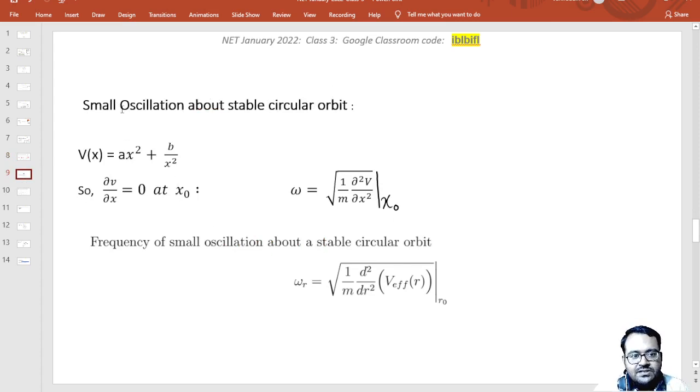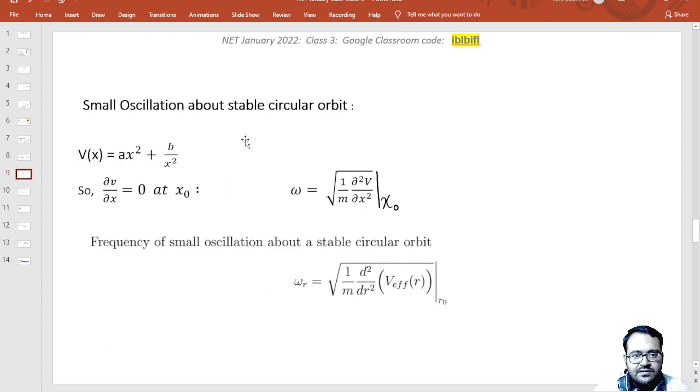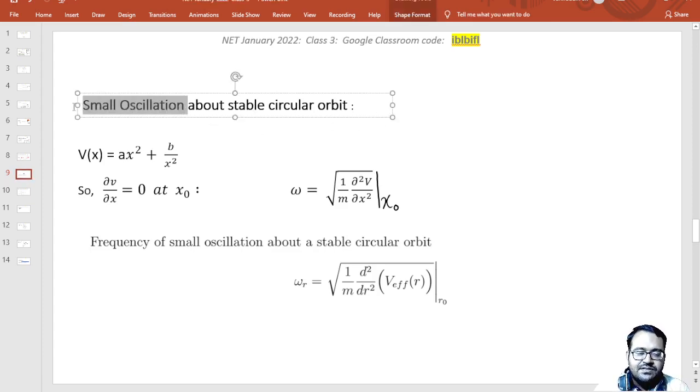Now, next part will be, if there is a disturbance about a stable circular orbit, then as your effective potential is at a minimum, and this equilibrium is a stable equilibrium, there would be a small oscillation about the stable circular orbit.